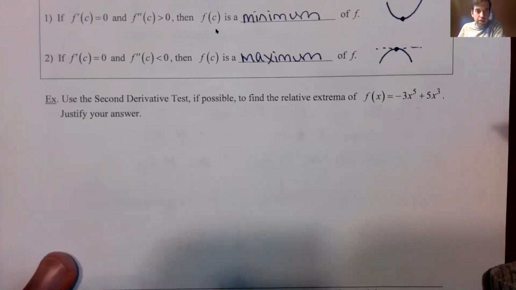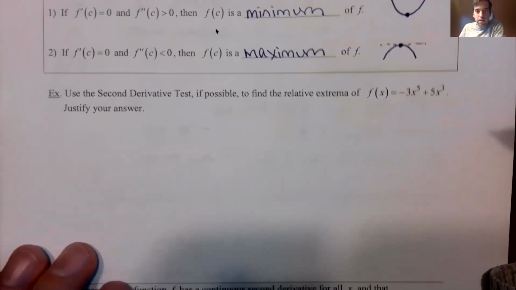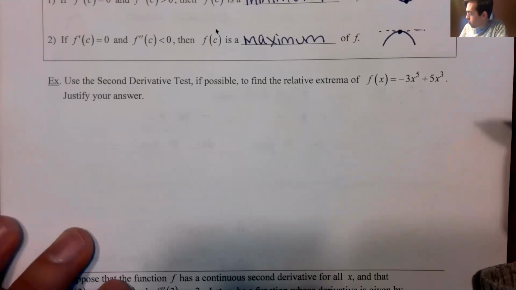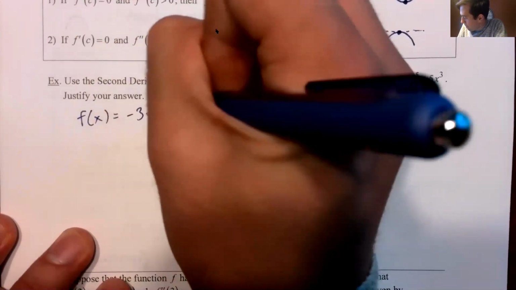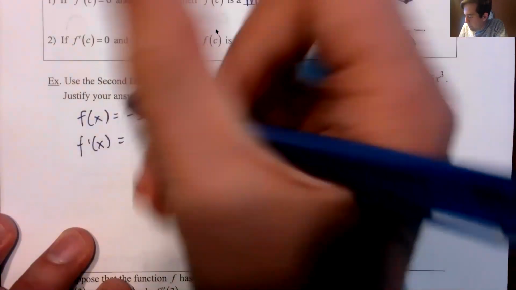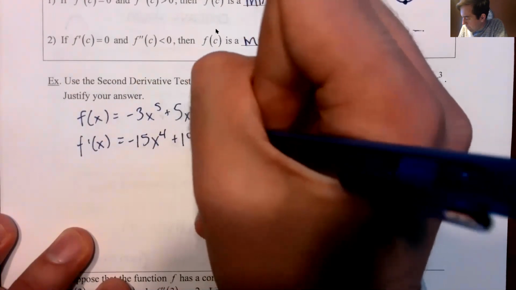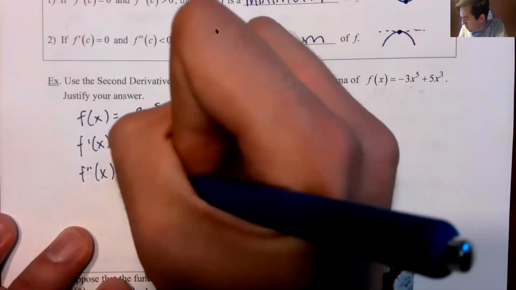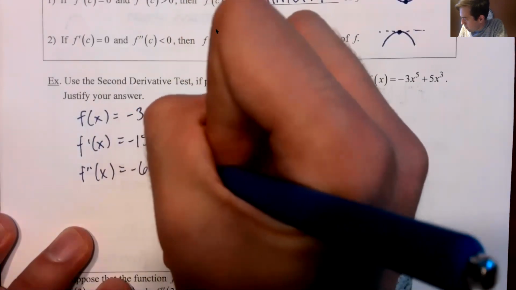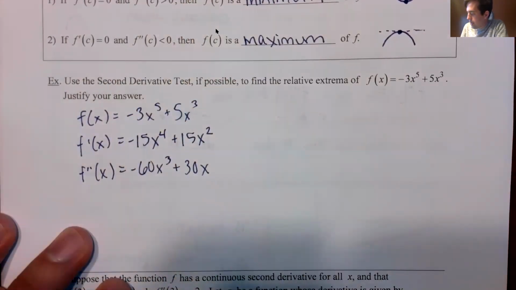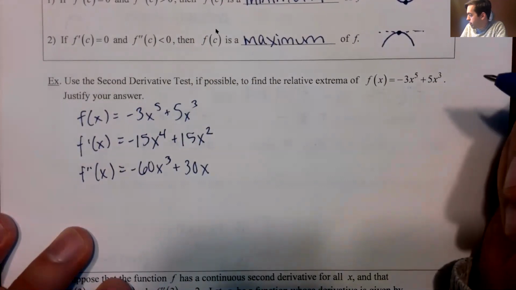Using this version of the second derivative test, if possible, find the relative extrema. So we're going to use the first derivative and the second derivative of this function. All right, so there's our first derivative and our second derivative.